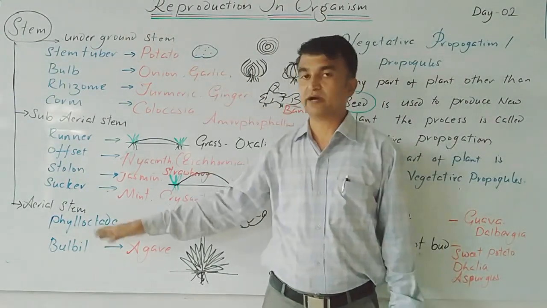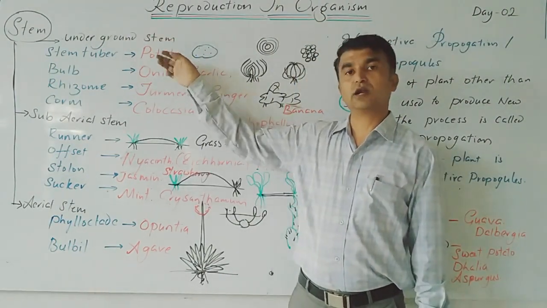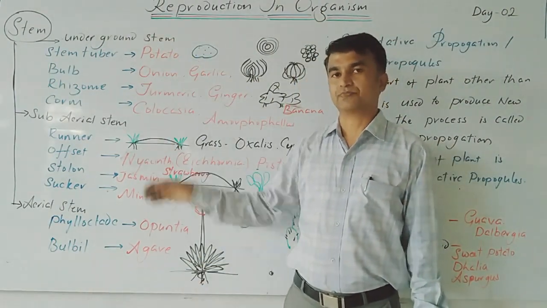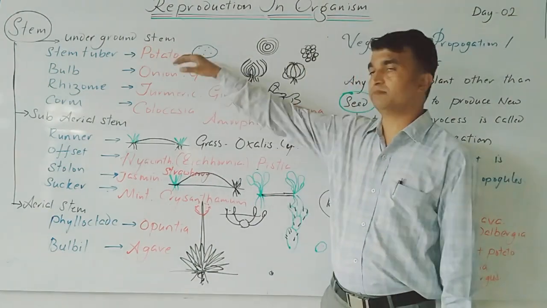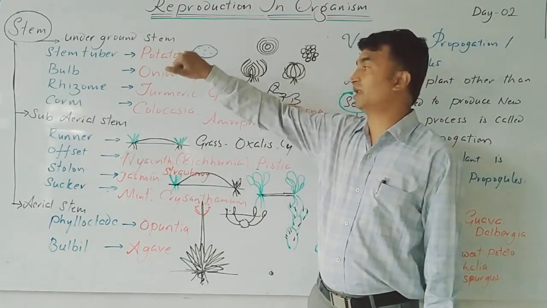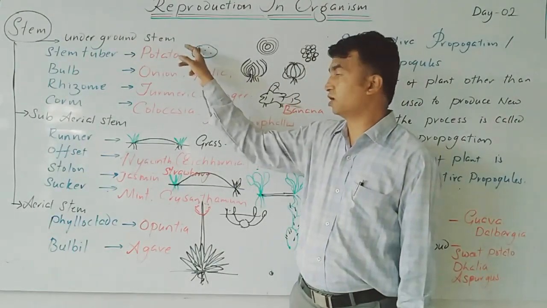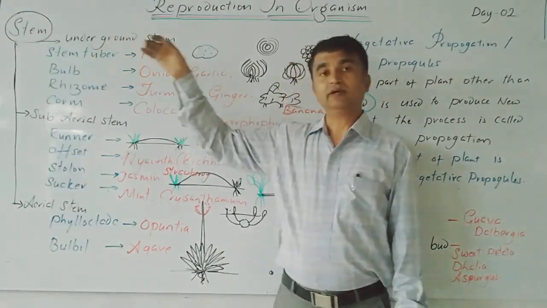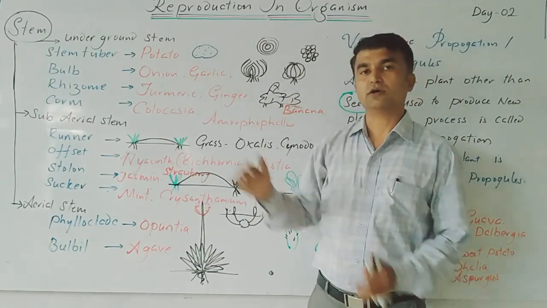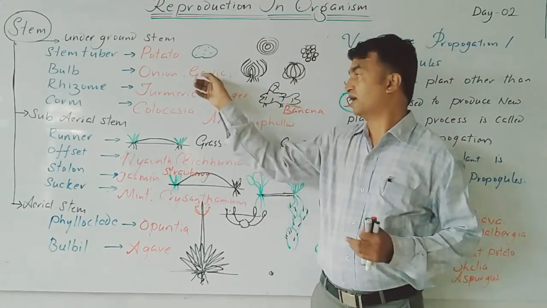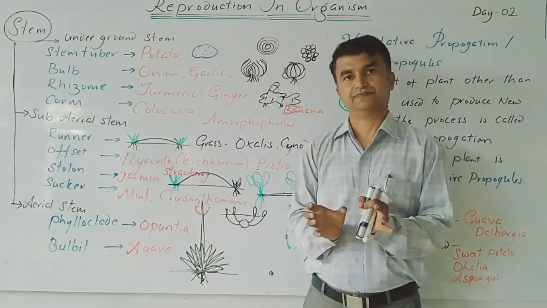Stem modification divides into three types: underground, subaerial and aerial. Underground stem, the stem tuber, typical example is a potato, where the adventitious buds are present in the nodal region. Bulb is onion and garlic. Onion is unitunicated, garlic is multitunicated.